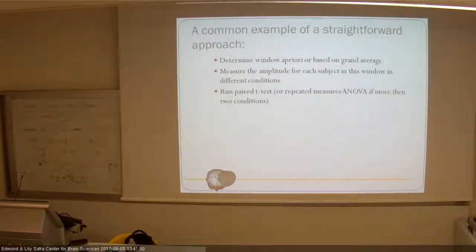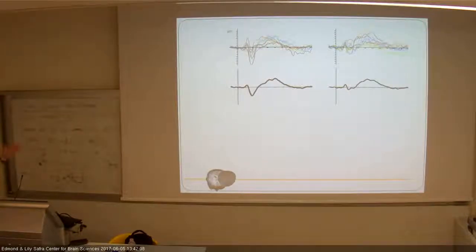It has problems, but I won't mention them right now. Then you measure the amplitude for each subject in this window in different conditions, and then you run your statistics, which would usually be a within-subject analysis, a t-test or an analysis of variance if you have more than two conditions.